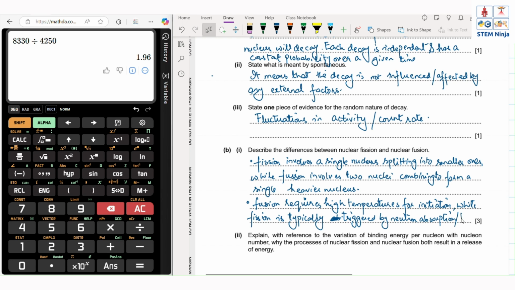You could also say bombardment. When you bombard neutrons on a nucleus, fission can be triggered also.